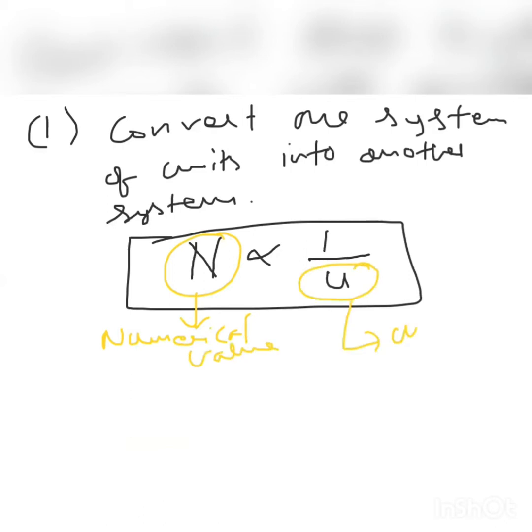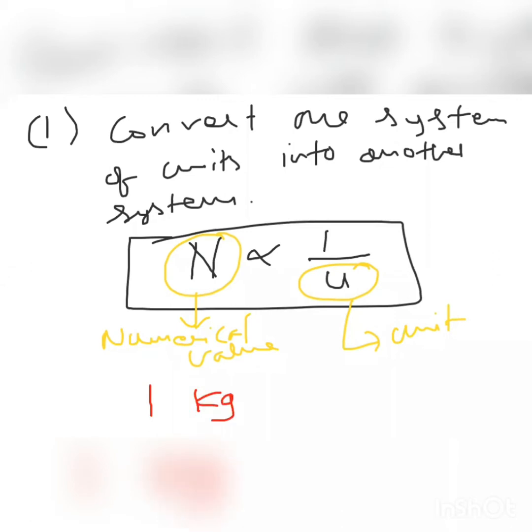How are unit and numerical value related? They are inversely related. Sir, how do we understand what numerical value is, and why you are talking about unit? Means nothing here, carefully observe. Suppose I take a simple example.